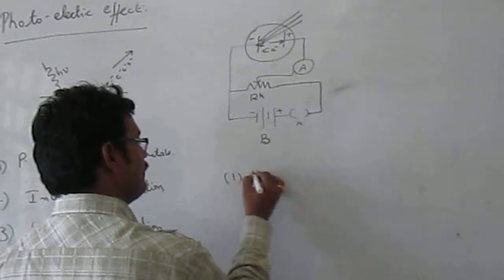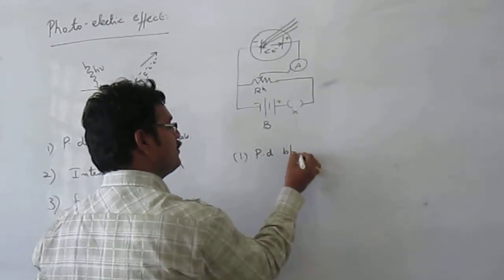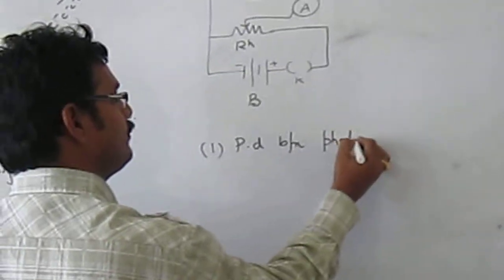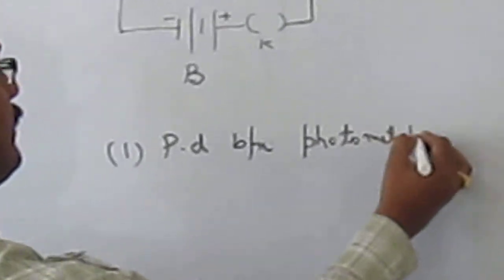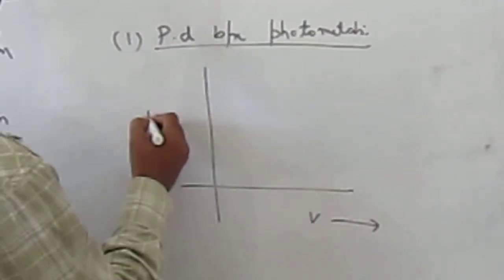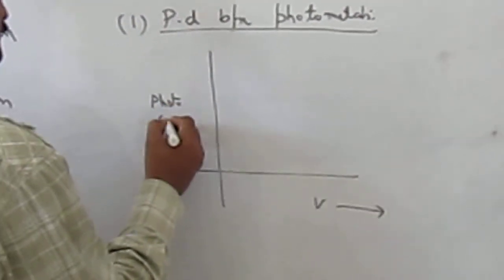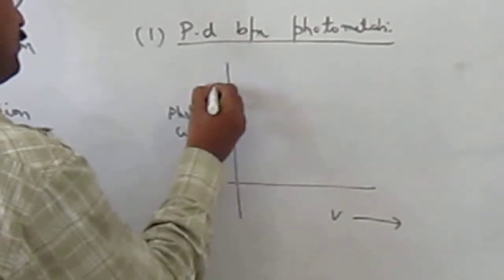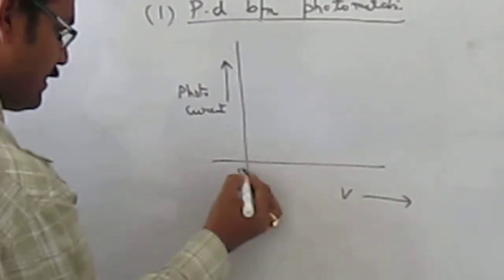The first one, potential difference between photometals. See, this is the graph we have drawn by taking the values, between the potential of the battery and the photocurrent. So the graph comes like this.